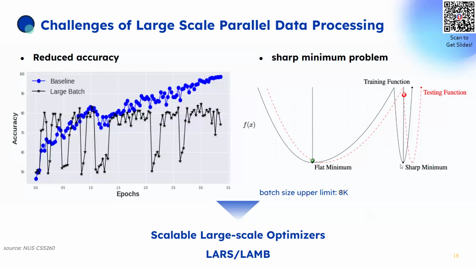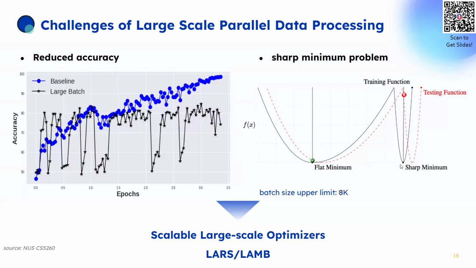For example, in total you have 10,000 samples. The data set is so large. Your batch size is 100, which means every iteration you just touch 100 samples.